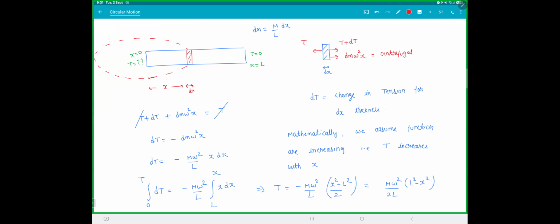So in the end, why are we getting a positive value? Because our assumption is wrong, we should get a negative value, right? So where did the negative come from? dT is a negative quantity as we move away, so that is why the minus sign is coming.